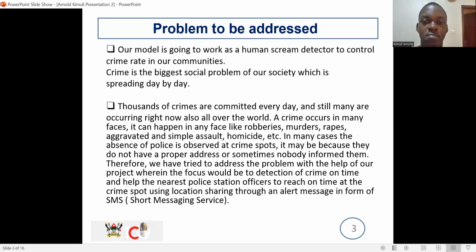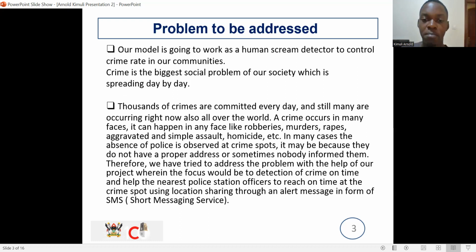So my problem: our model is going to work as a human scream detector to control crime rate in our communities. Crime is the biggest social problem of our society, which is spreading day by day. And I believe my model, which will be signaling to the police in case of any crime, will help us see the police respond more efficiently and quicker.